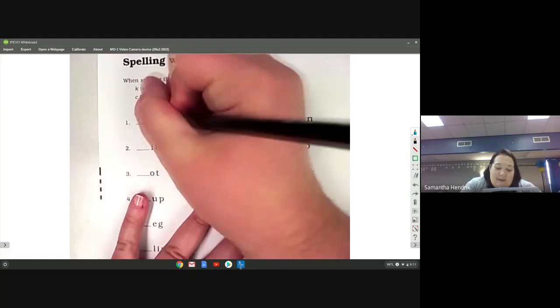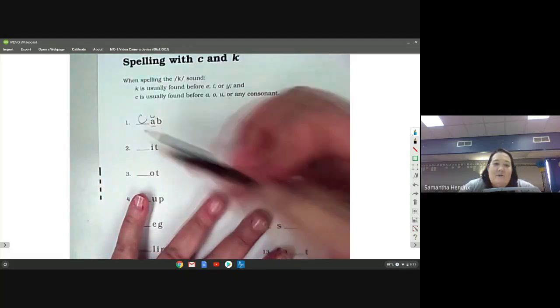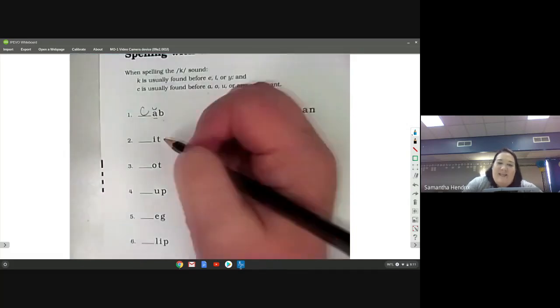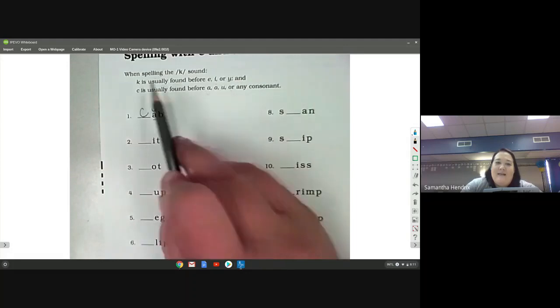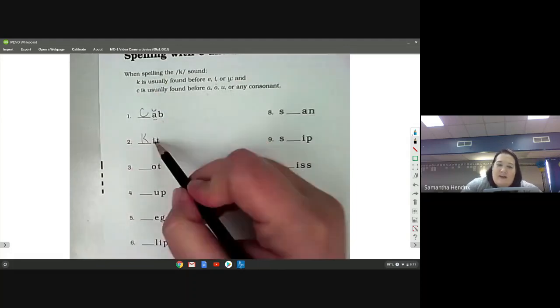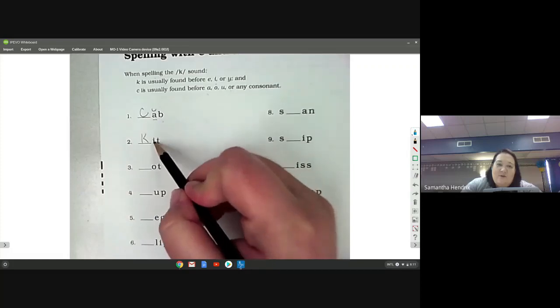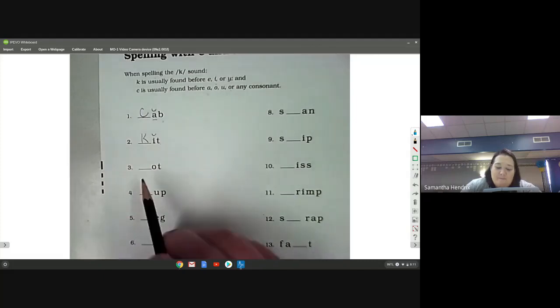So ab. This A is followed by a consonant, so it's a short, okay? Kit. K, k. Let's look. That's an I, so it's going to be a K. This vowel is followed by a consonant, so it's the short I sound. So we're going to put a breve.